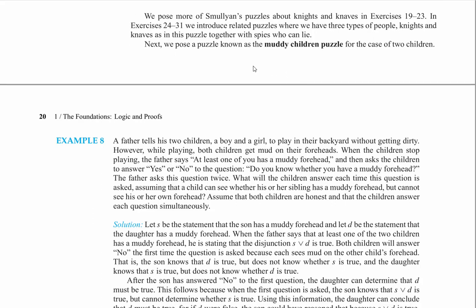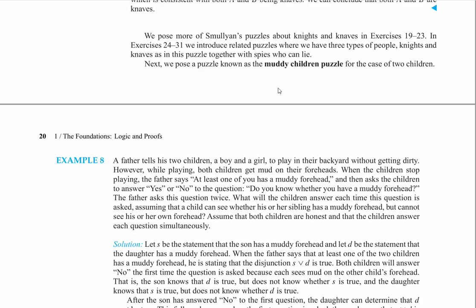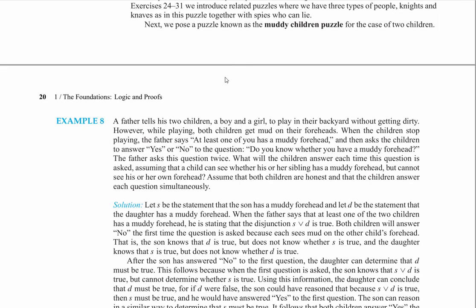Okay, last one, the muddy children puzzle. You could have any number of children, but let's just do it for two. Two children are playing in the backyard.